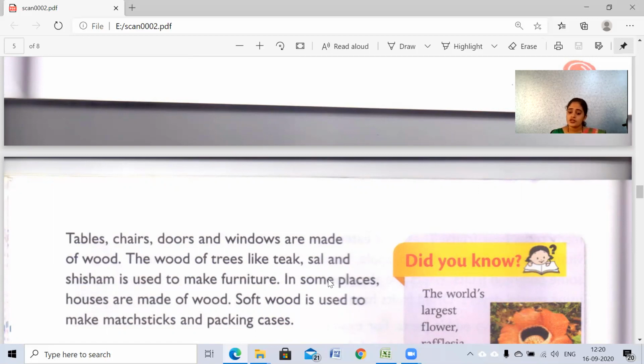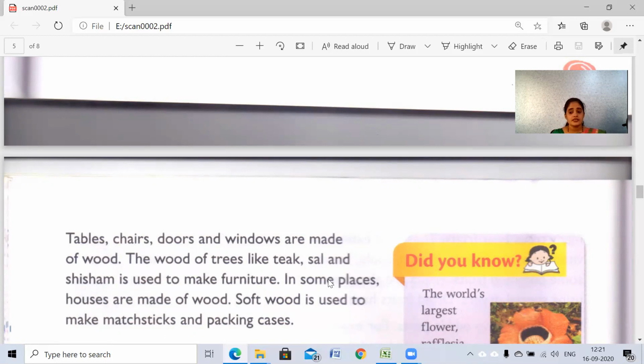Now children, in today's class, you learnt about different types of plants. They are trees, shrubs, herbs, climbers, creepers, and aquatic plants. And then you learnt about the process of photosynthesis, where plants prepare their own food by using sunlight, water, carbon dioxide, and chlorophyll.